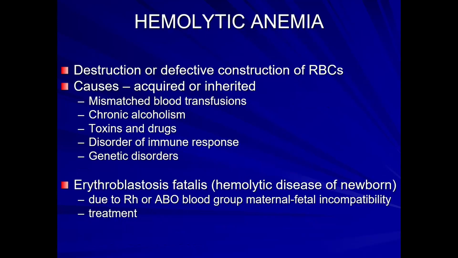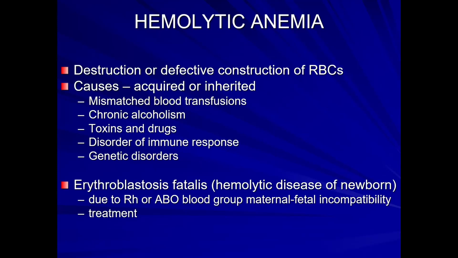Then we have hemolytic anemia, which is the destruction or defective construction of our red blood cells. So this can be acquired or inherited. If you have a mismatched blood transfusion, chronic alcohol can lead to this, toxins and drugs, immune response disorders, or genetic disorders.